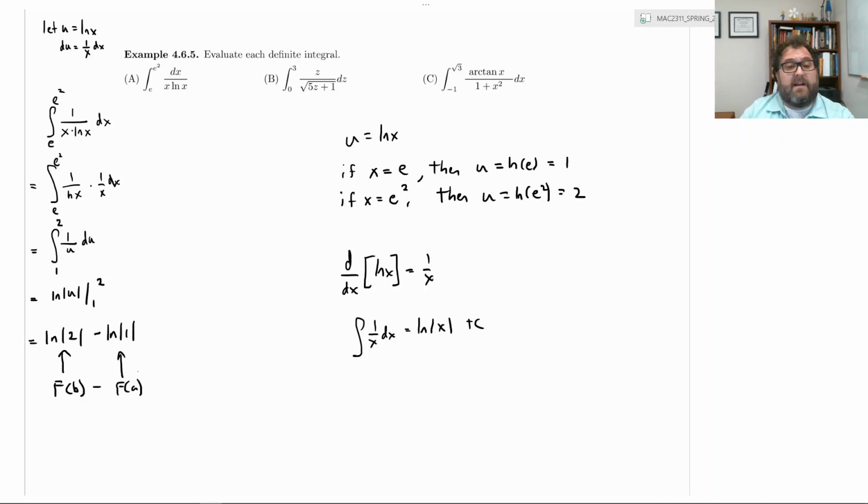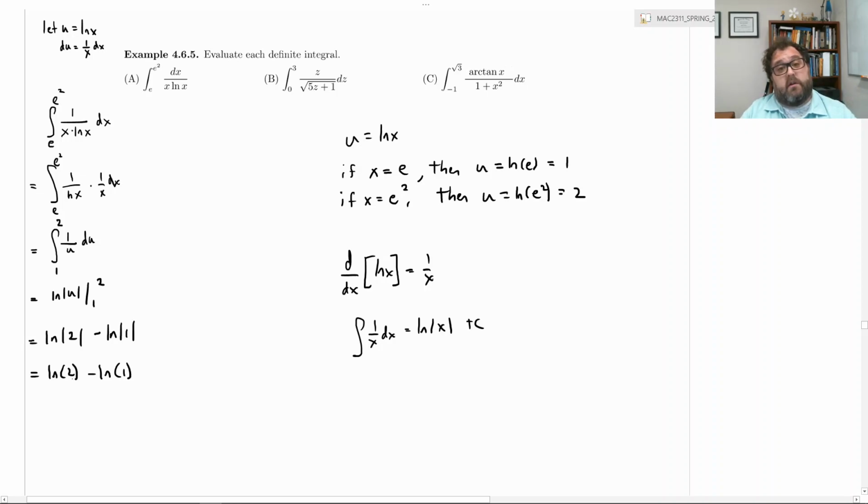A lot of times, not always, whenever we use natural log in this process, of course we have the absolute value. But if you're plugging in a non-negative number into this expression, then the absolute value doesn't really matter. So we can ignore the absolute value because 1 and 2 are already non-negative. So this is the exact same thing as natural log of 2 minus natural log of 1.